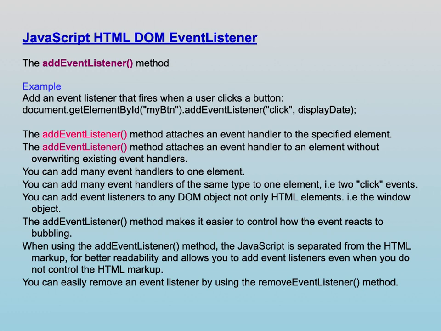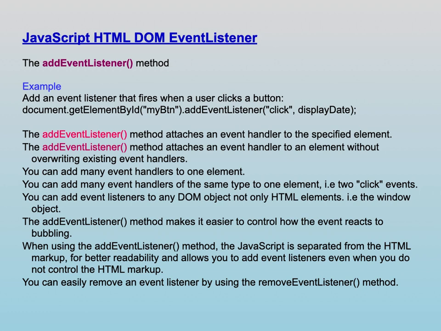For that, the method addEventListener is defined here with two arguments. One is the click event and the other displays the date. Okay, we will see how it works. The addEventListener method attaches an event handler to the specified element. The addEventListener method attaches an event handler to an element without overwriting existing event handlers.